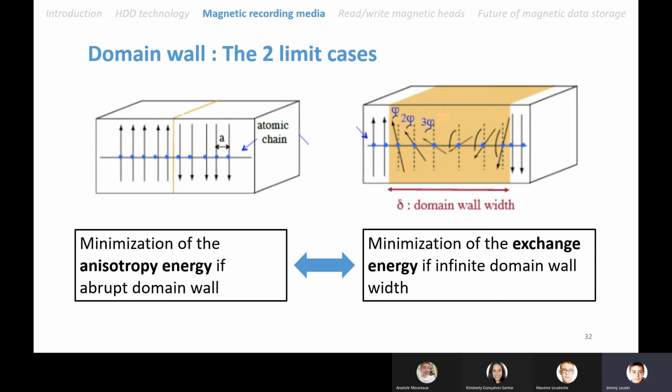On the other hand, infinite width walls allow the minimization of the exchange energy as the variation of magnetization direction between two adjacent domains becomes very small, on the opposite of the previous case.